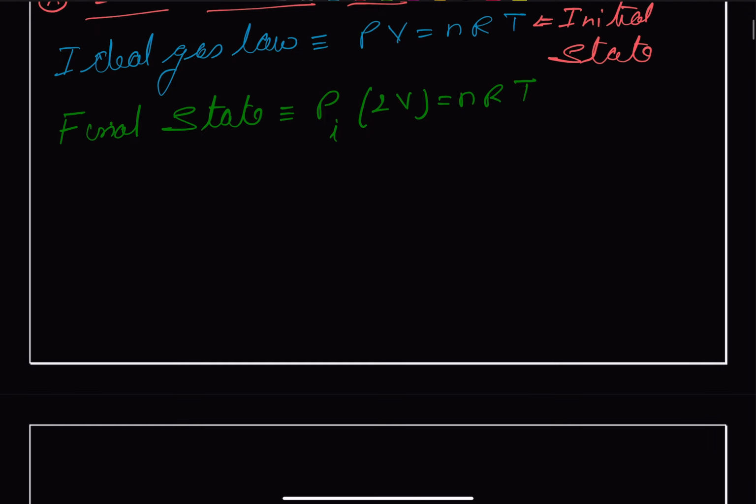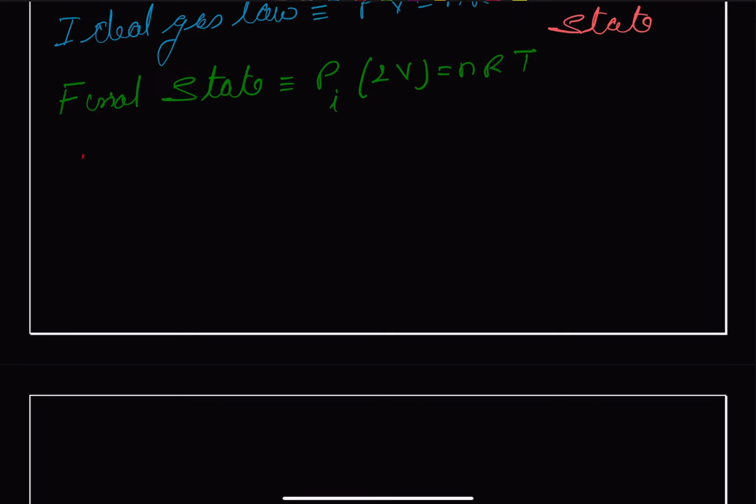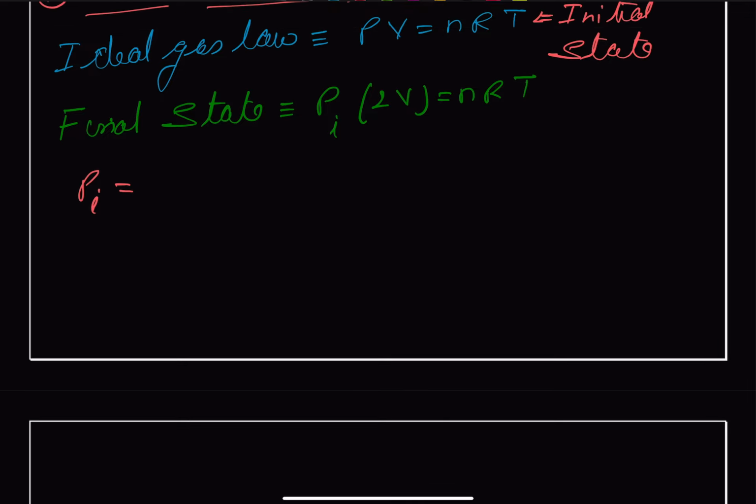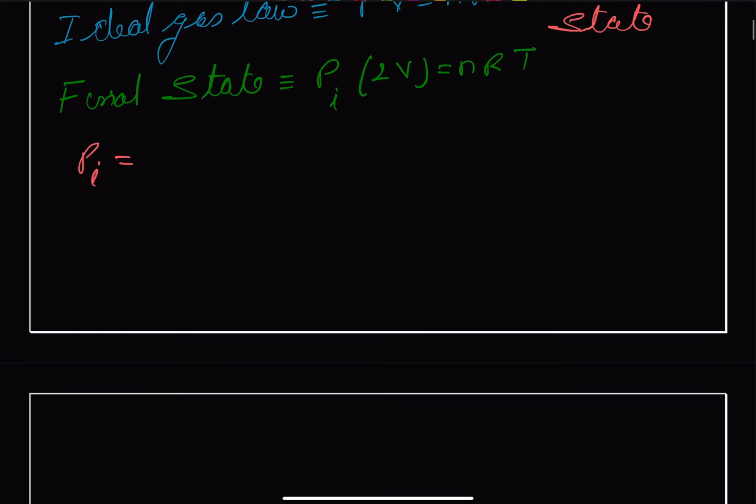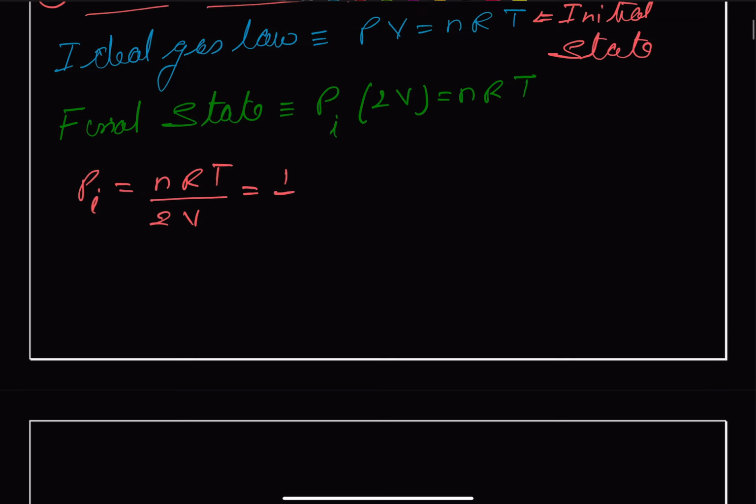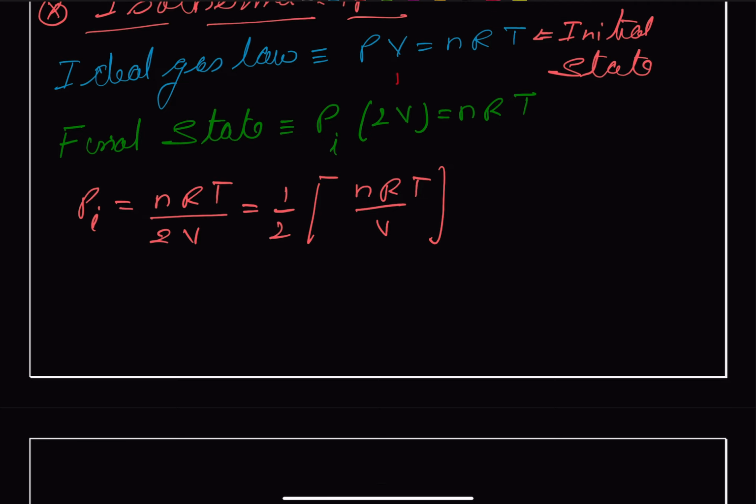So from here we can solve for Pi. Pi is equal to nRT divided by 2V, and we can write it as 1 by 2 times nRT upon V. And nRT upon V, from the initial state, is P, so this is nothing but the initial pressure.